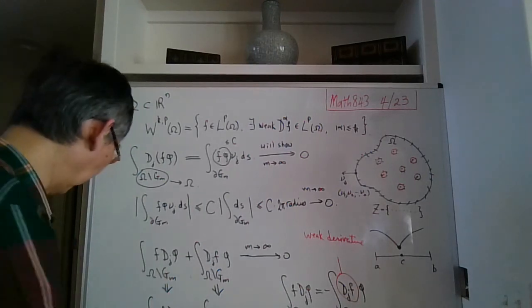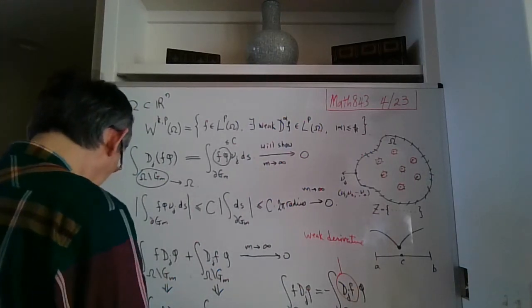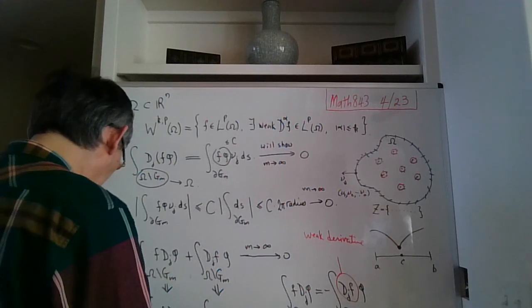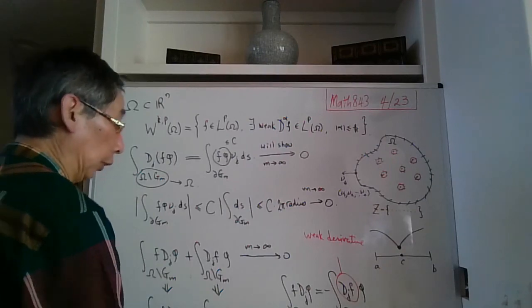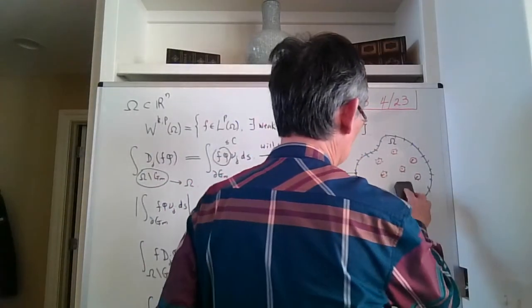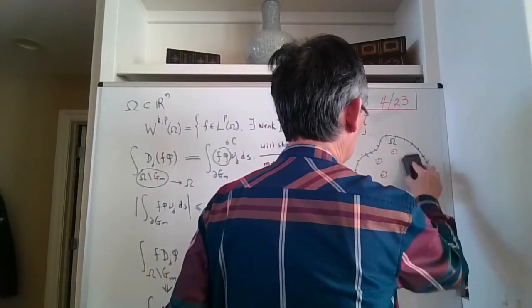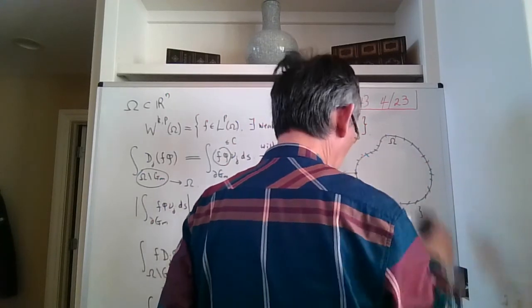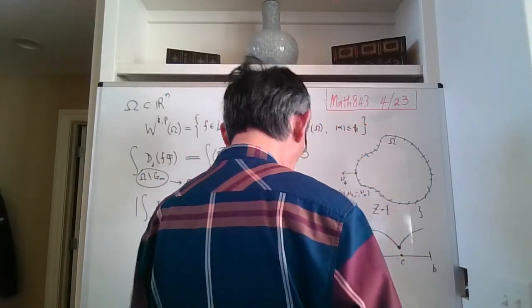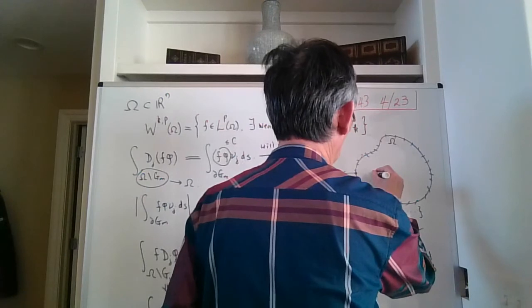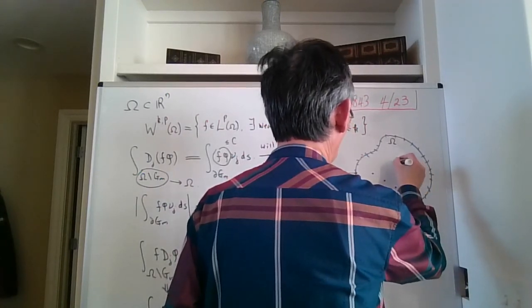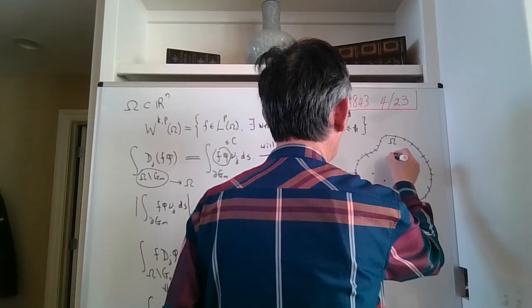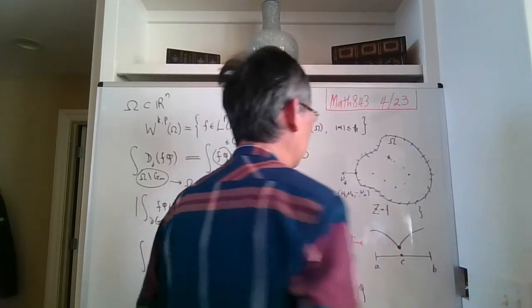And actually, suppose you have an infinite number of corners, where these corner points accumulate somewhere. Here's a point to which these corner points accumulate.